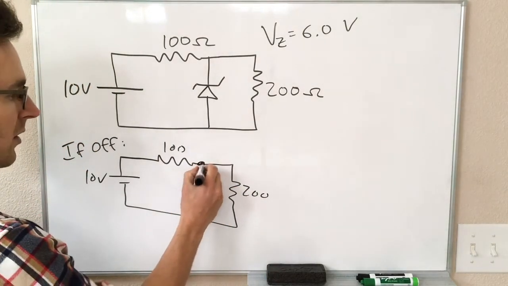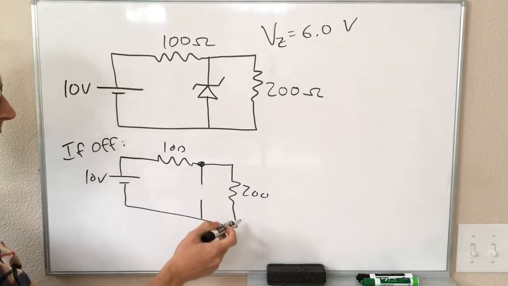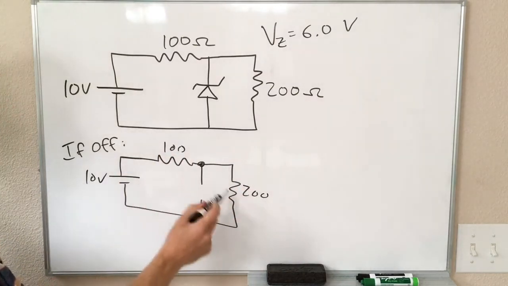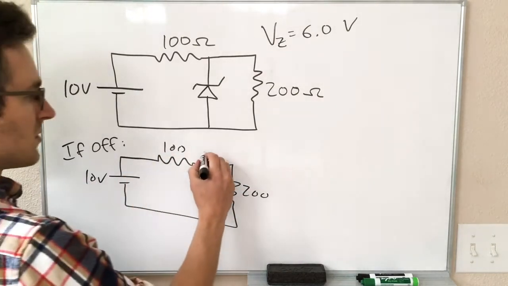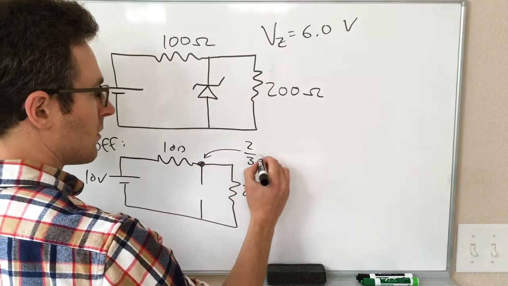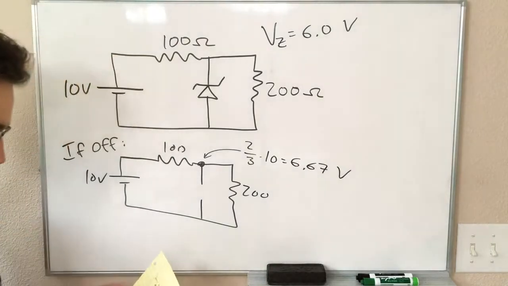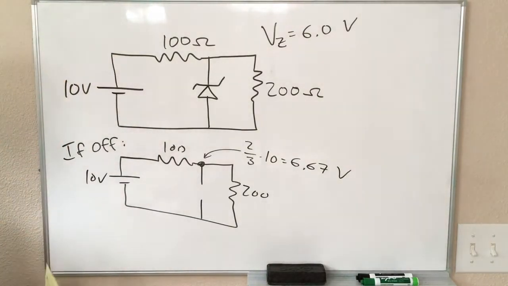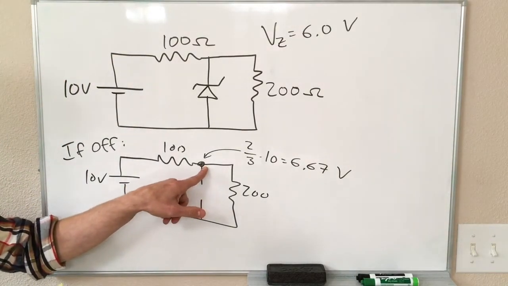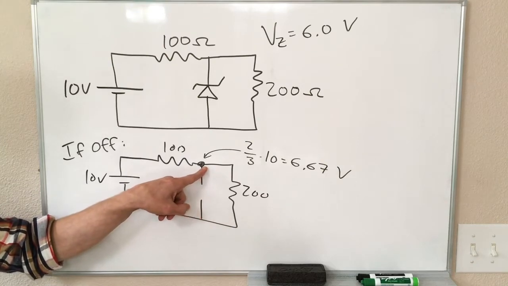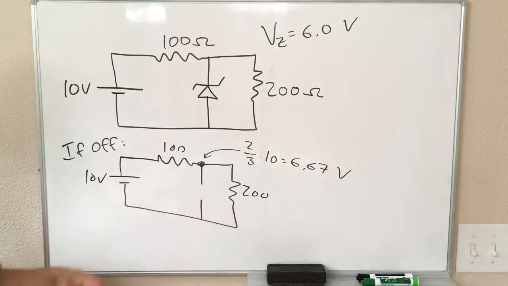So at this point, our voltage is going to be 200 divided by 300 times 10 volts. So that is 6.67 volts. Okay, so is 6.7 volts here consistent with the diode being off?